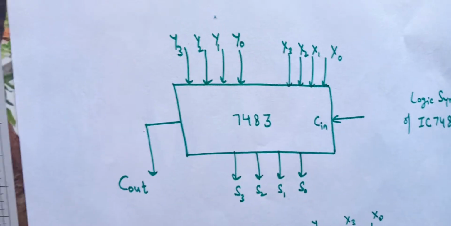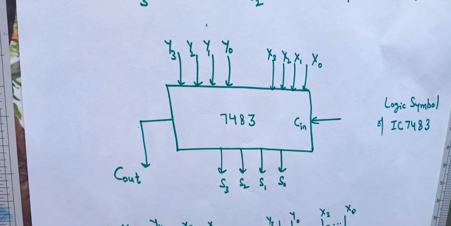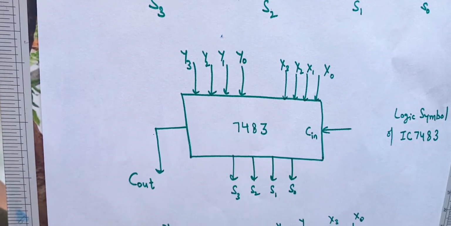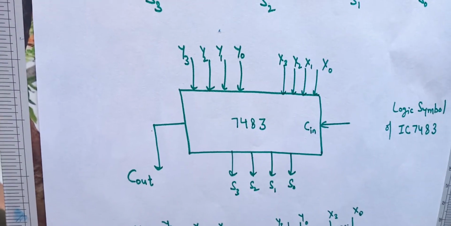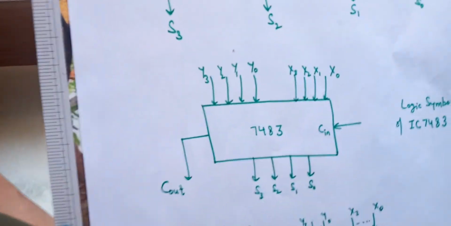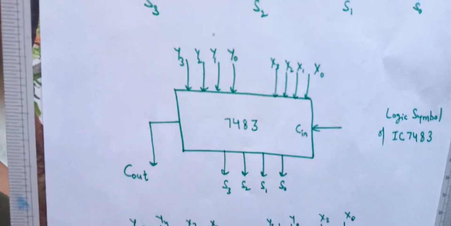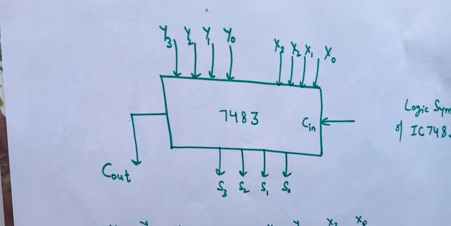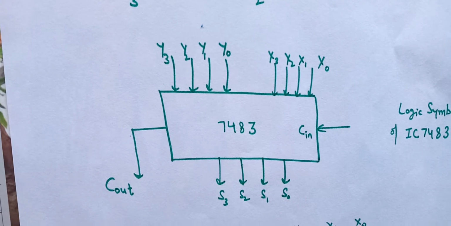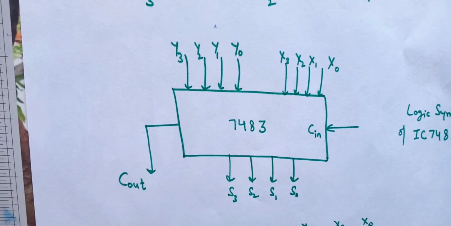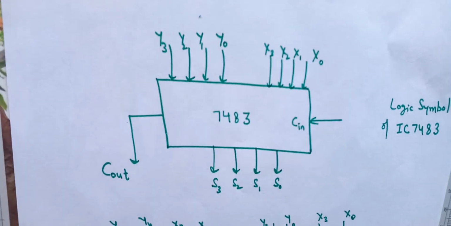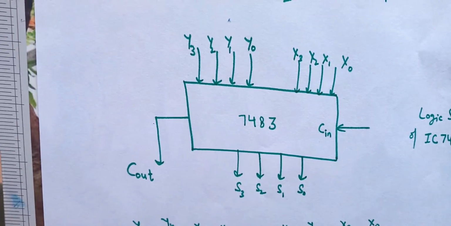But 7483 IC is a portable IC which can directly give the sum of 4 bits in binary added parallelly. So these 4-bit numbers can be added directly with the help of 7483 IC, where let us say there is an input X which is X3, X2, X1, X0, 4 bits, and similarly there is an input Y which is Y3, Y2, Y1, Y0 bits, and there is an input carry C in which is 0.